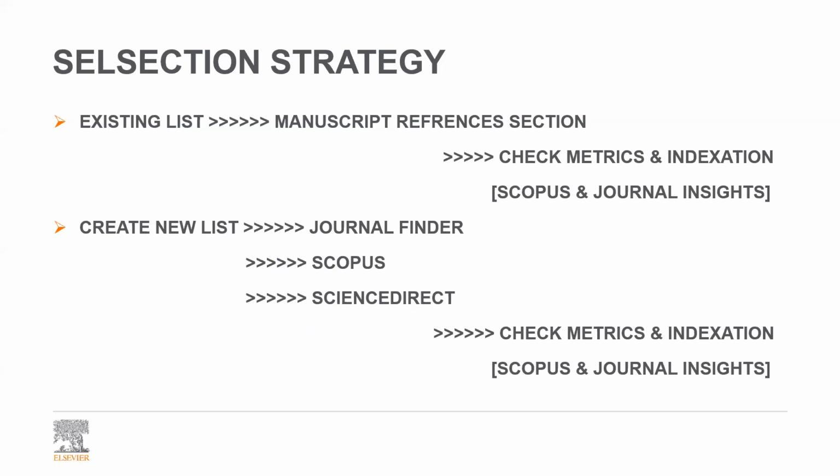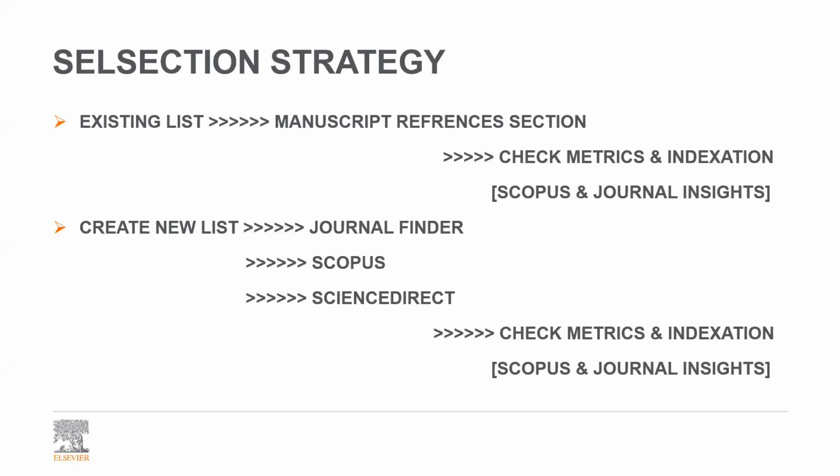So based on all of this information, we have two selection strategies. The first strategy is an existing list, which can be extracted from the manuscript reference section. Based on this list, I can check the metrics and the indexation, and I can use Scopus and Journal Insights to identify the different metrics and indexation of the journals in that existing list.